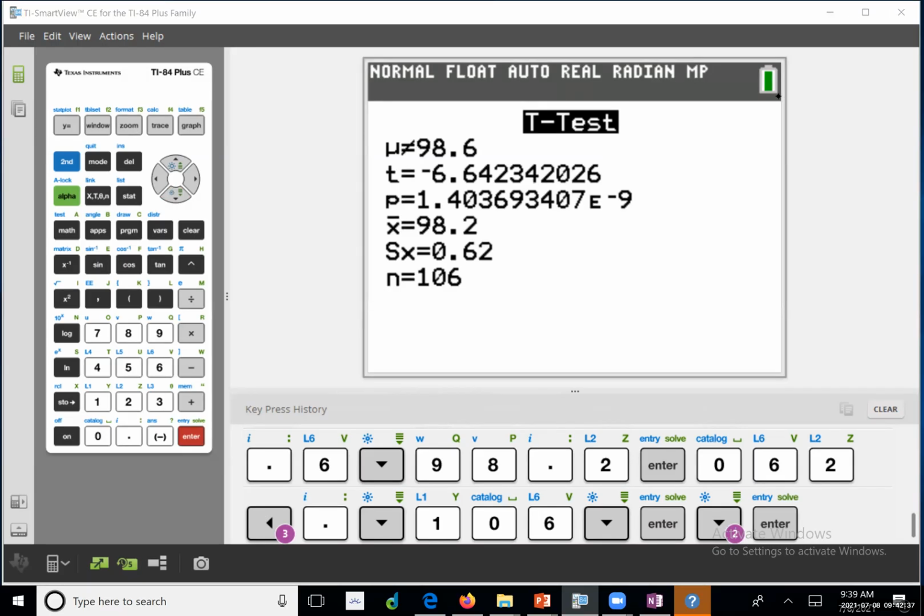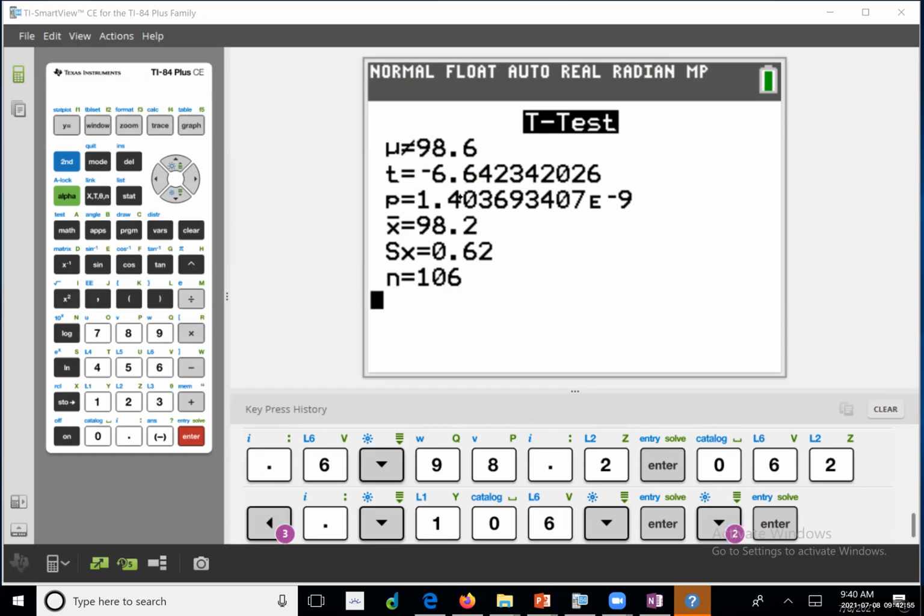Okay, 1.4 e to the power negative 9. This part is important. What is this number? Zero, essentially.